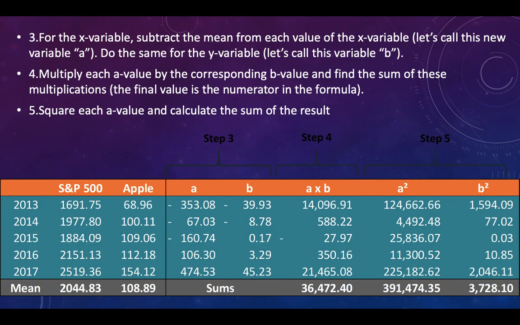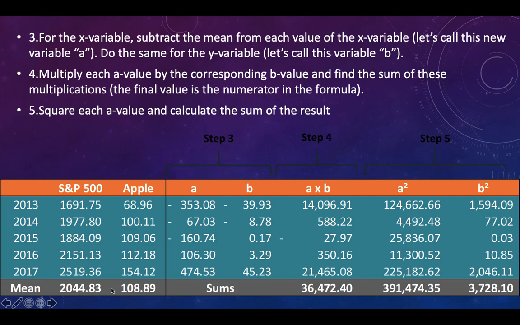So let's come to step 3. First we have to subtract the mean. As we got the mean 2044.83, we take 1691.75 minus 2044.83.